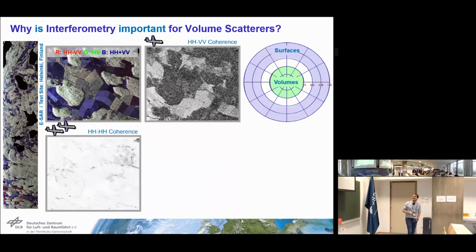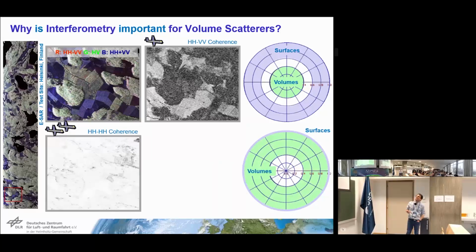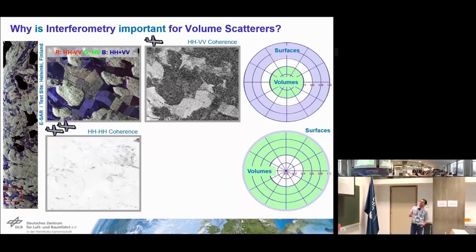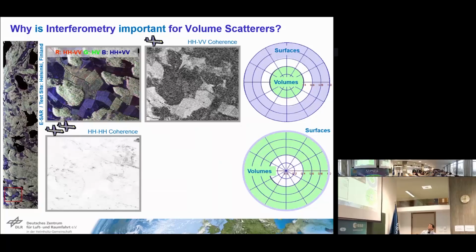Then, when it comes to interferometry, now you have two acquisitions. You have one baseline. This is the HH coherence, so one channel. And you see here the coherence is very high. White means high coherence, close to 1. And you see it's close to 1 both for the SAR phases, but also for the forest. And you remember before, in polarimetry, SAR phases are here, volumes are here.